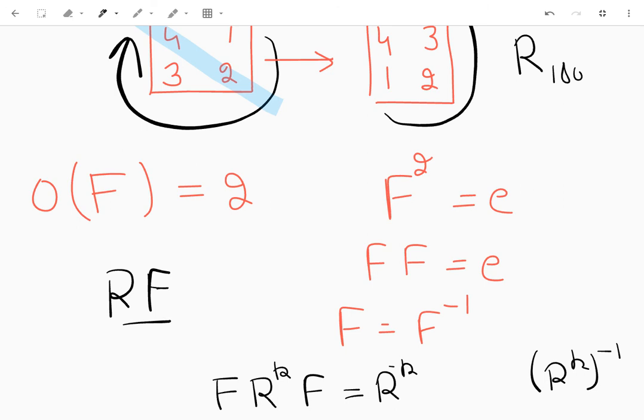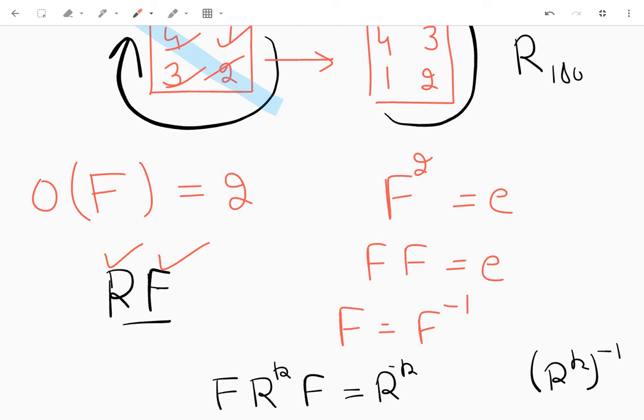Now just try to figure out, pause the video and try to figure out what RF would be. Now, and this is operated according to the rules of function composition. So we operate F first and then R. That means we will flip first and then rotate. Now remember, a rotation keeps the order of the elements, no, not elements, keeps this order 1, 2, 3, 4.